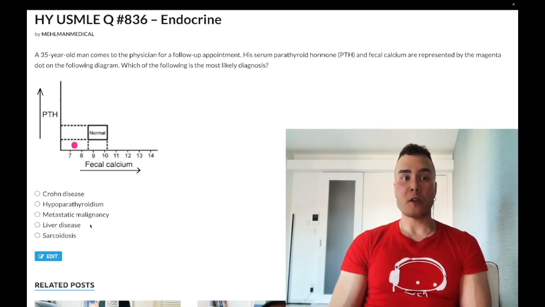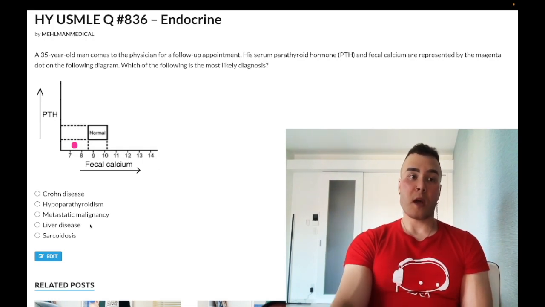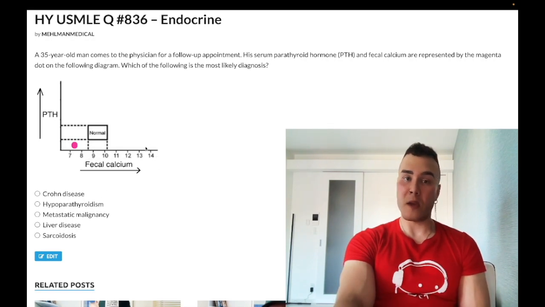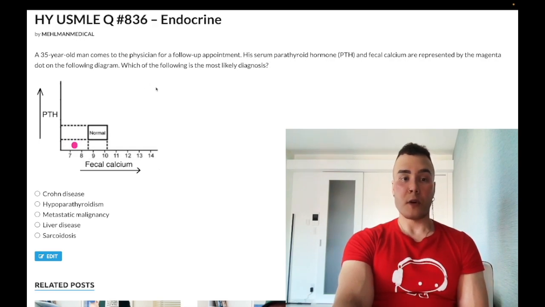So we're going to have decreased 25 and 125D3 in liver disease, such as an alcoholic. Point is, vitamin D is low. And if vitamin D is low, we're going to have impaired calcium absorption in the small bowel, so fecal calcium would be high. And because we get hypocalcemia in vitamin D deficiency, since we can't absorb that calcium from the small bowel, PTH will go up to compensate. So our dot would be in the top right here for liver disease. Wrong answer.